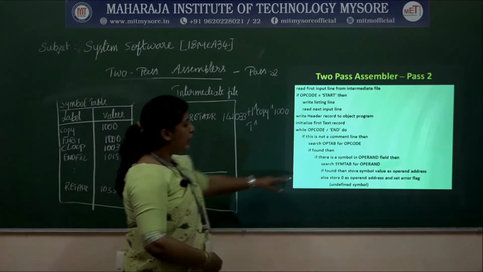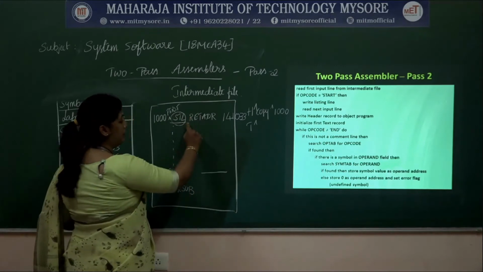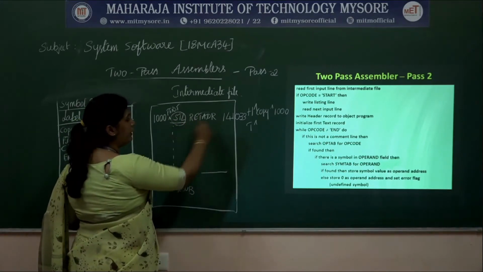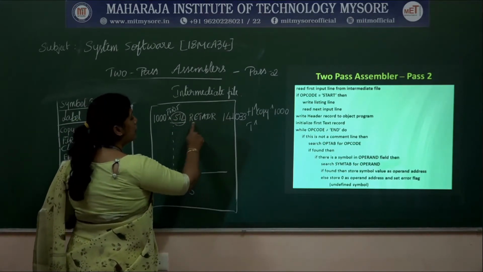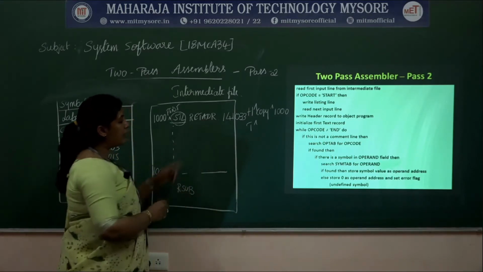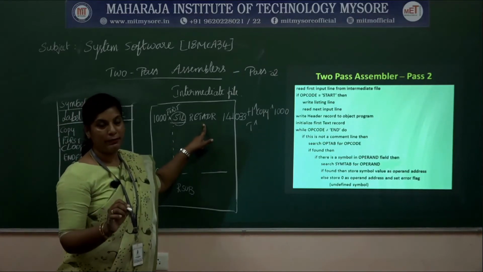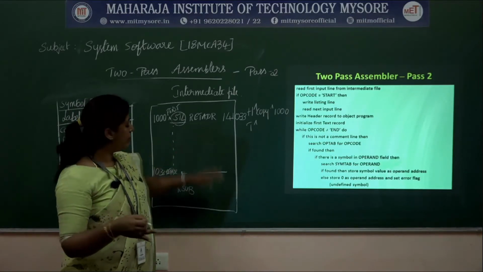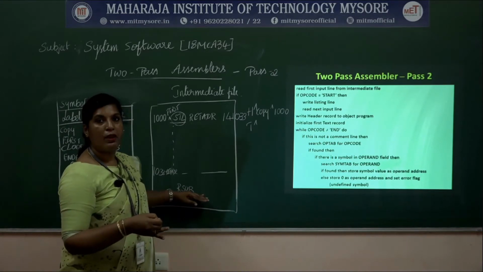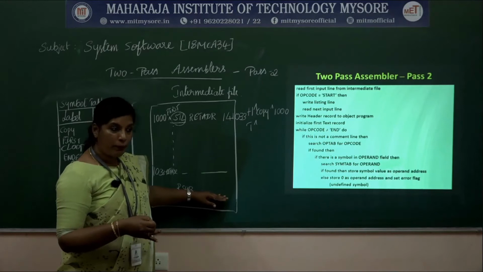So if there is a symbol in the operand field, once it converts that mnemonic into its equivalent opcode, then it searches for this return address. Yes, of course there is a symbol. In some of the instructions there is no symbol in the operand field, for example the RSUB instruction. It doesn't have any symbols in the operand field.